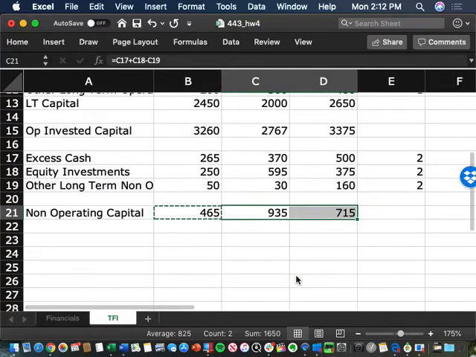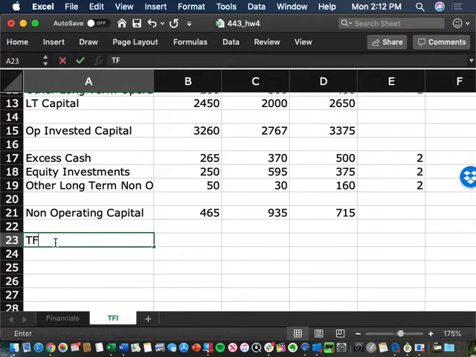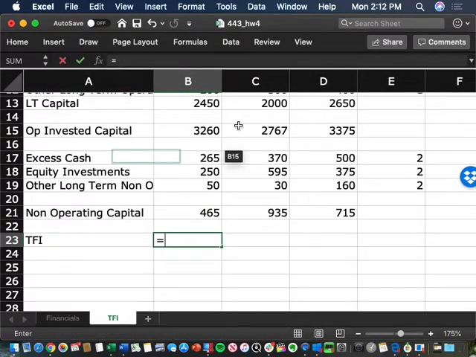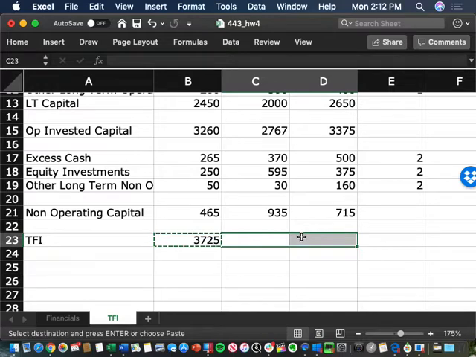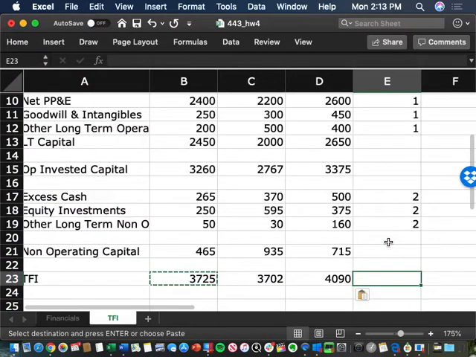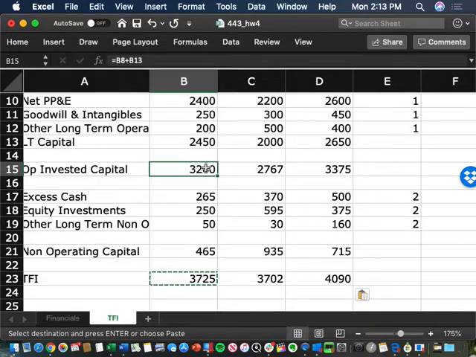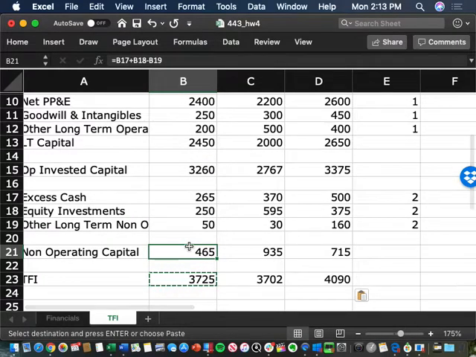And we add the two together. We get our total funds invested, or TFI, which is the operating plus the non-operating. And that is the total investment in our business. Okay? So what we've cleanly established is we have, in the first year, $37.25 invested, $32.60 in our operations, $4.65 in other stuff that has nothing to do with our operations.